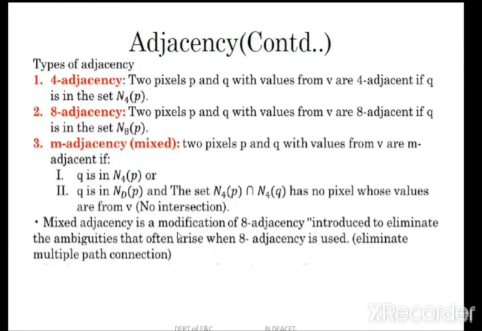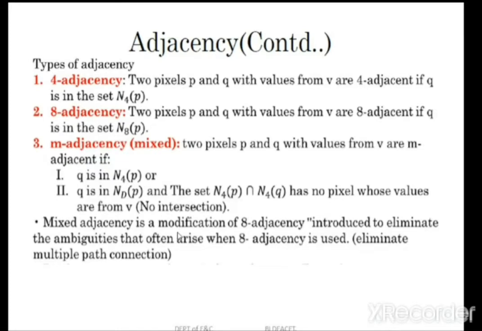Okay, next we have one more relationship between the pixels, which is called as the adjacency between the pixels. So actually adjacency, again we have 3 types of adjacency. We have 4 adjacency between the 2 pixels.